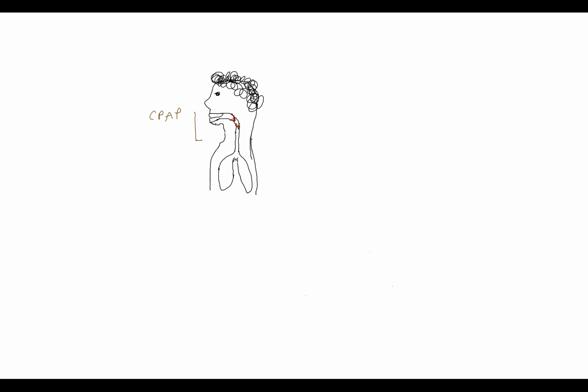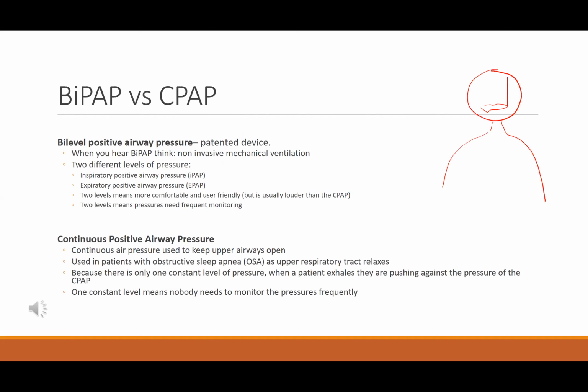But when we go back and look at a patient who is on BiPAP, BiPAP is basically a bi-level positive airway pressure device. Oftentimes we use the term BiPAP as an umbrella term to refer to non-invasive mechanical ventilation.